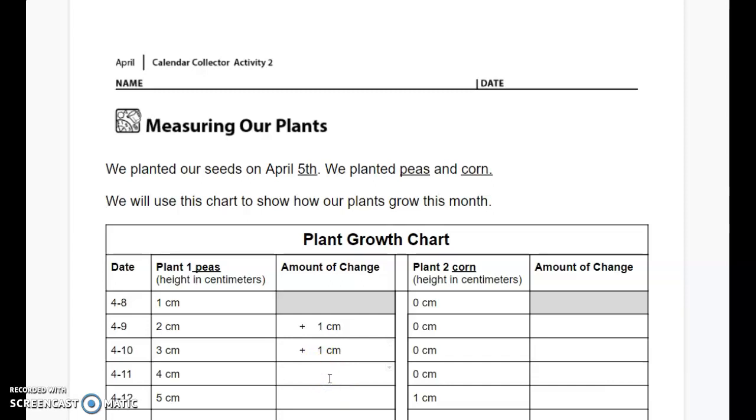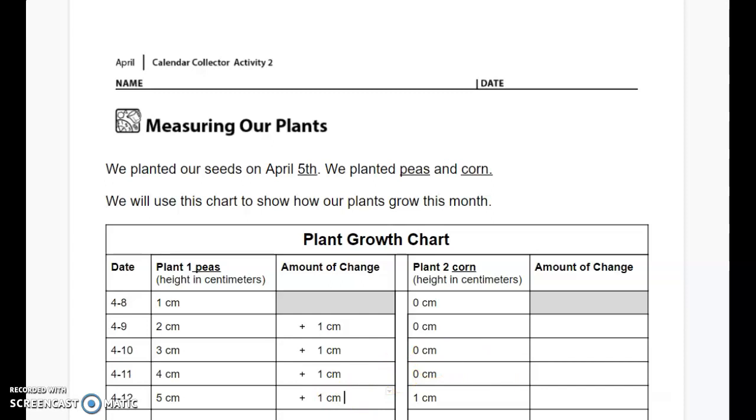How about from the 10th to the 11th? If you're thinking 1 centimeter, good thinking. Put that in our chart. And then from the 11th to today. Show a connection if you wrote 1 centimeter again. Yeah, this plant is growing about 1 centimeter a day.